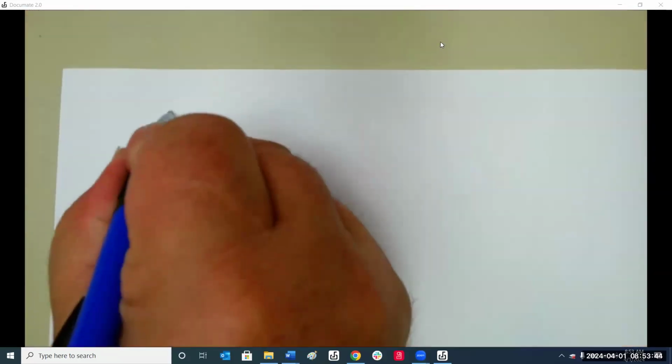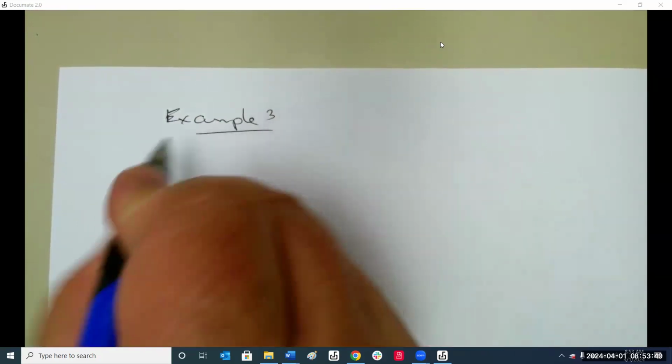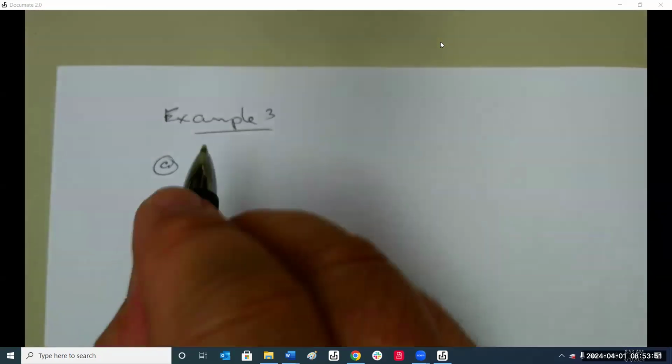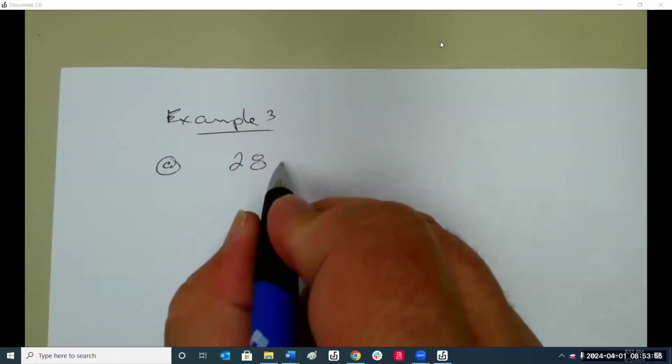All right, let's talk about simplification. This is example 3. Simplify this as far as you can, unless it's already simplified.